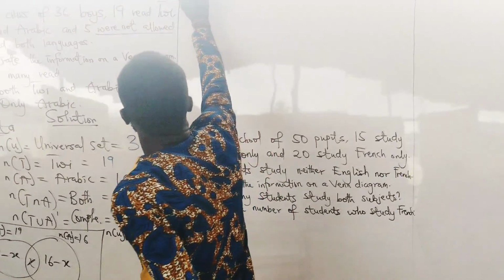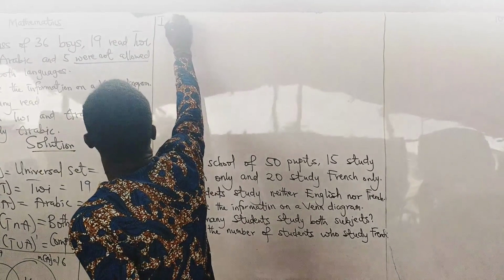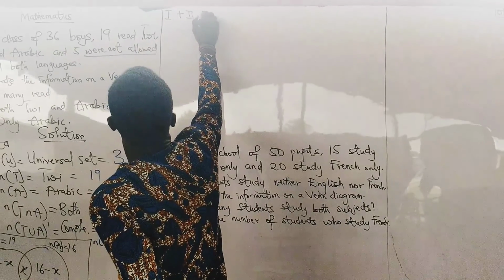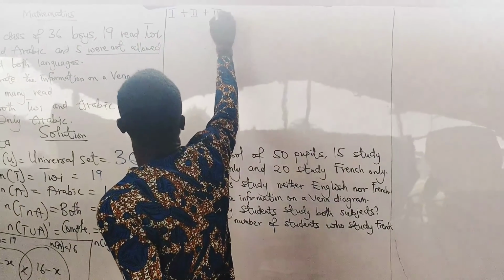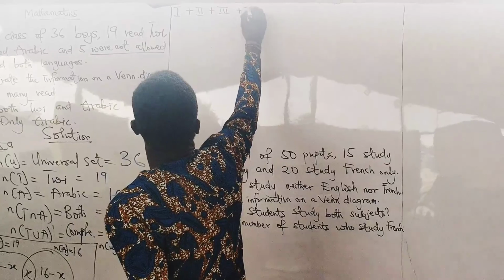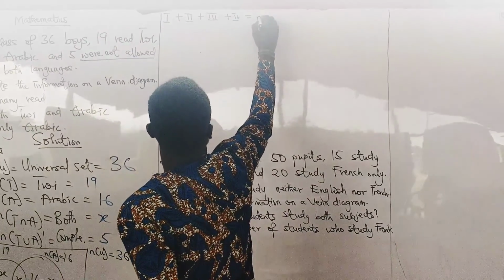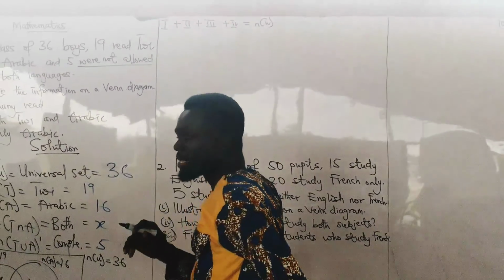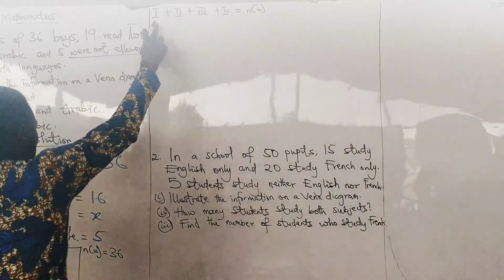We were told that region I plus region II plus region III plus region IV gives you the number of U, which is the universal set. What do we have in region I?